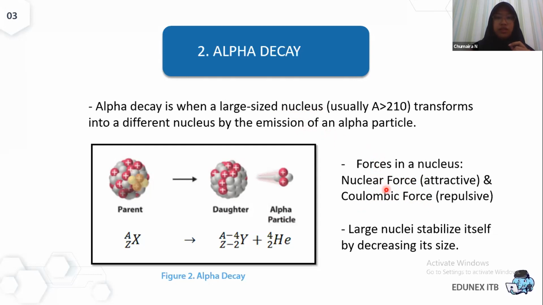Therefore, the larger the Coulombic force as well. This causes the nucleus to become unstable. And the only way for a large nucleus to stabilize itself is by decreasing its size, by losing some of its nucleons. This is basically what happens during an alpha decay process.